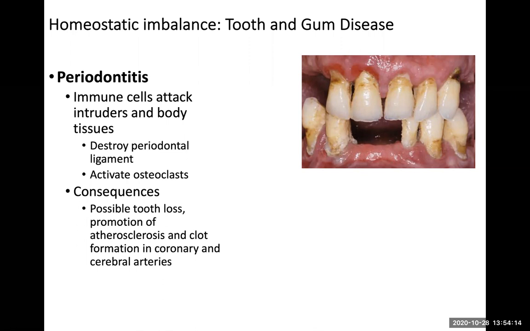So in addition to this loss of gum tissue, which again, the gums hold the teeth in place, you also have osteoclasts, just by way of reminder from 227, those are the cells that reabsorb bone. So you end up with bone loss. So the combination of the activation of the osteoclasts and the loss of gum tissue can result in tooth loss.